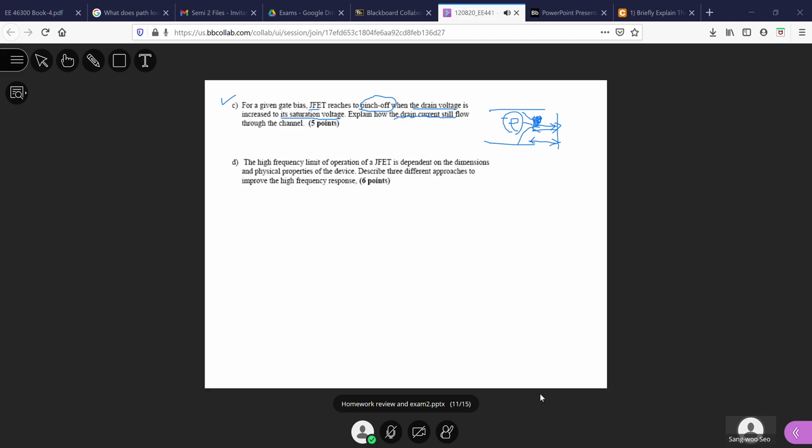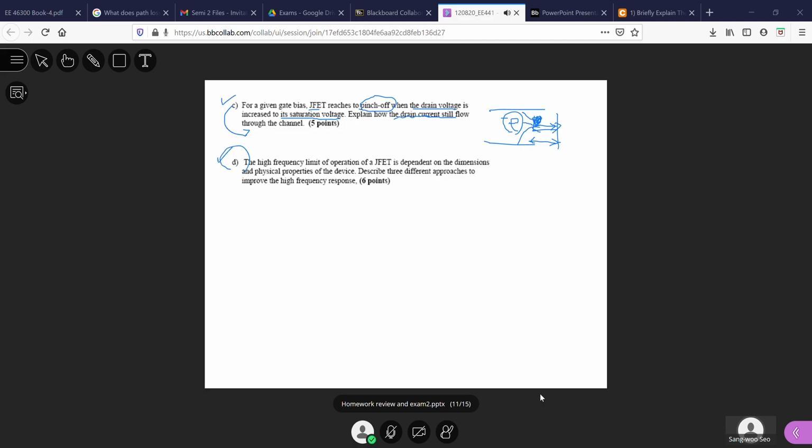So that's the reason we can still see current flow through this structure after the device reaches the pinch-off. That kind of discussion will answer this question.